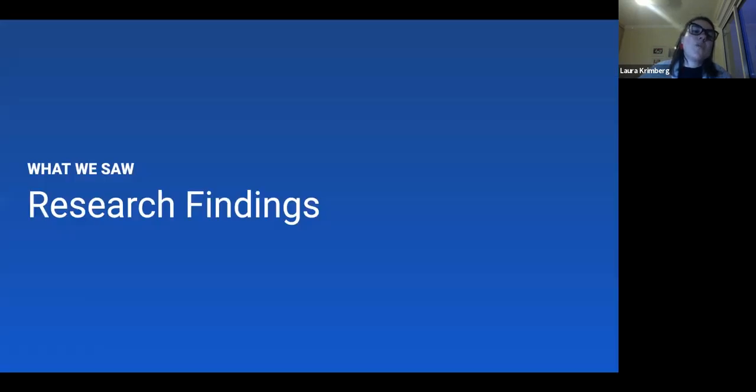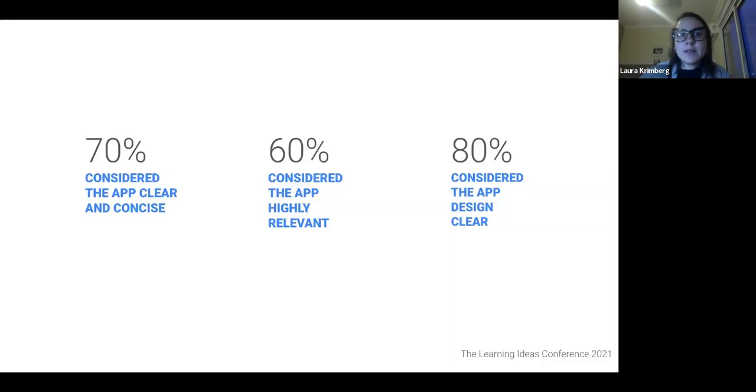So what we found out with this evaluation of the app we created: 70% considered the app clear and concise, 60% considered the app highly relevant, and 80% considered the app design clear.